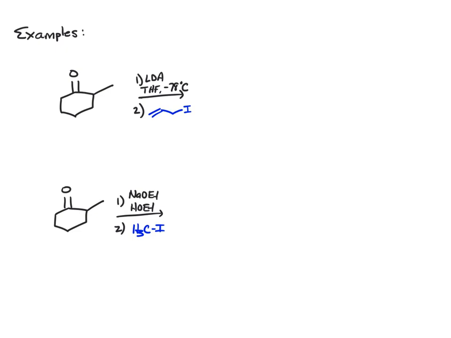The first thing we want to do is identify what kind of enolate you're going to form. With LDA, we're going to form the kinetic enolate. That's going to be at this less substituted alpha carbon. Here would be the resonance form for the kinetic enolate where the negative charge is on the carbon.